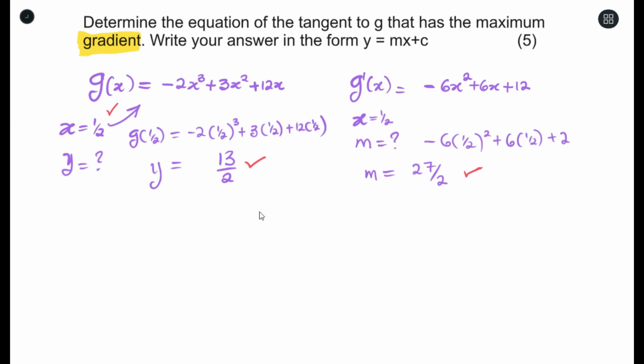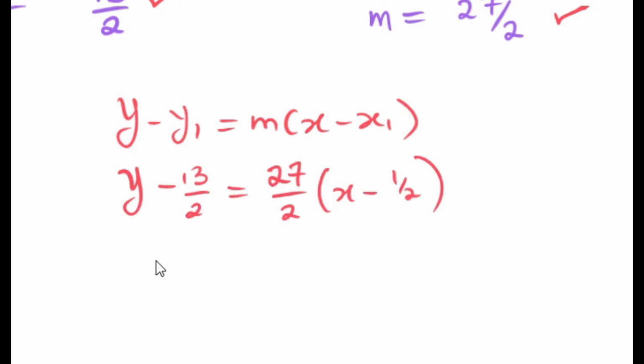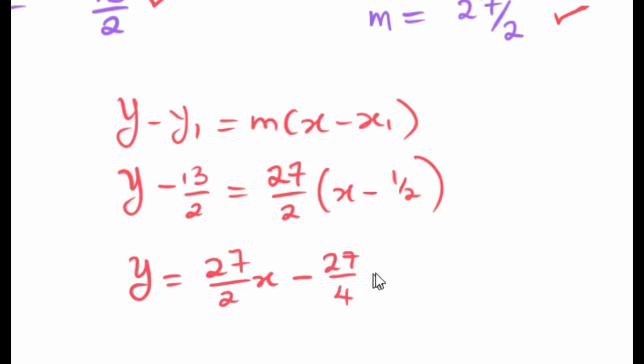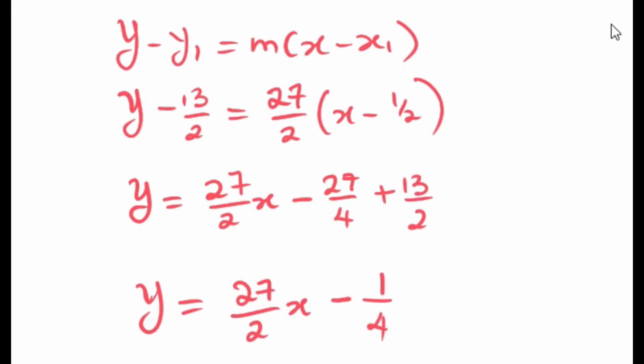And that will give us, and your equation of your tangent would be y is equal to 27 over 2 x minus 1 over 4. That's it.